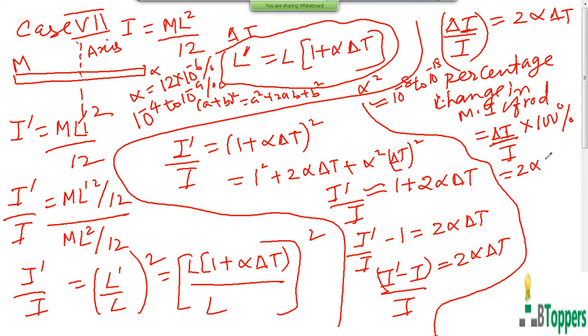That is equal to 2 alpha delta T into 100%. Again I tell you, don't write running notes when I am explaining. Concentrate on listening to my discussion. So that will be 2 times the percentage increase in the length. I would like to tell you how we can calculate the percentage increase in the length or the percentage increase in the area.